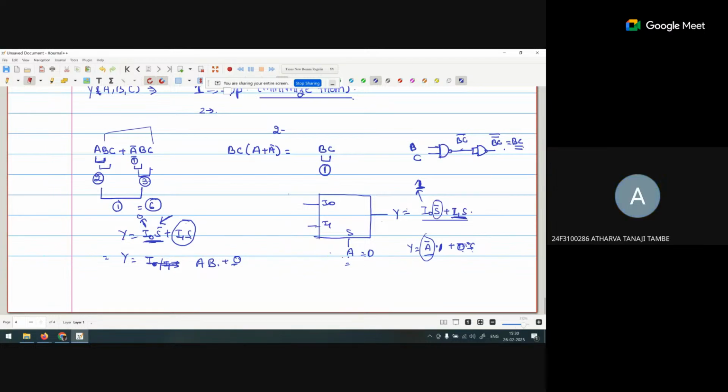That is one way. The second way is that if I connect B, so B is connected with A and B bar. No bar term is there, so it is connected with 0. That is the second way.